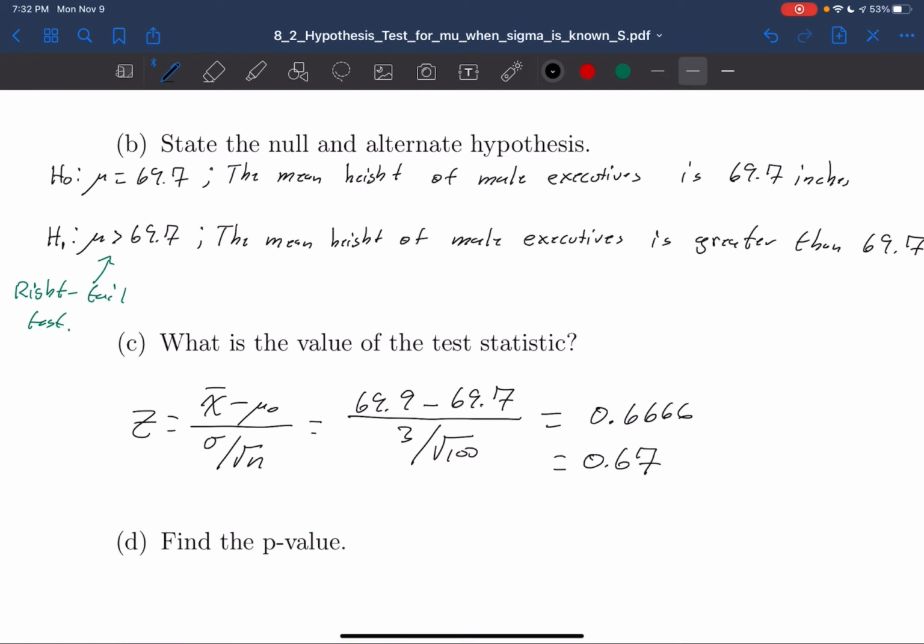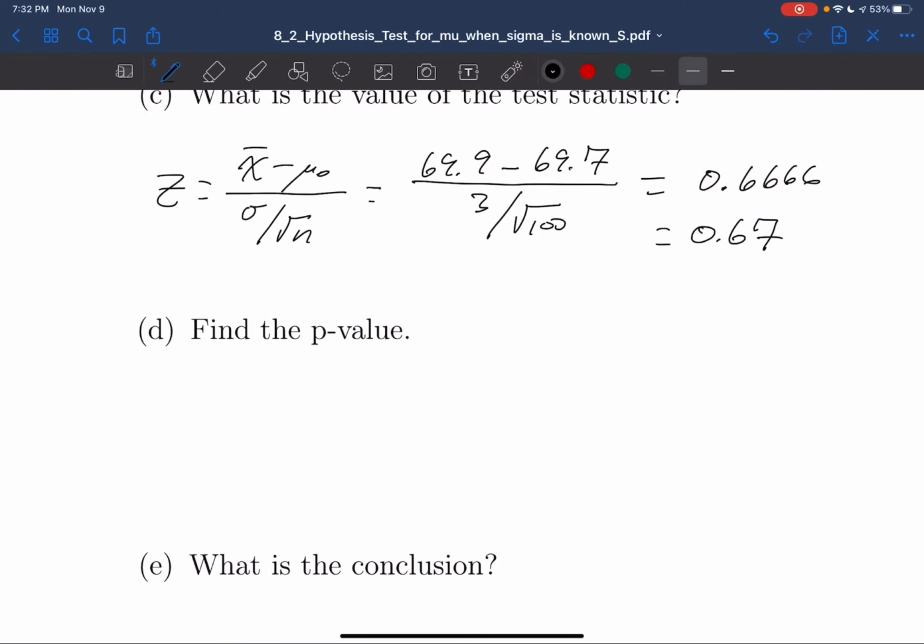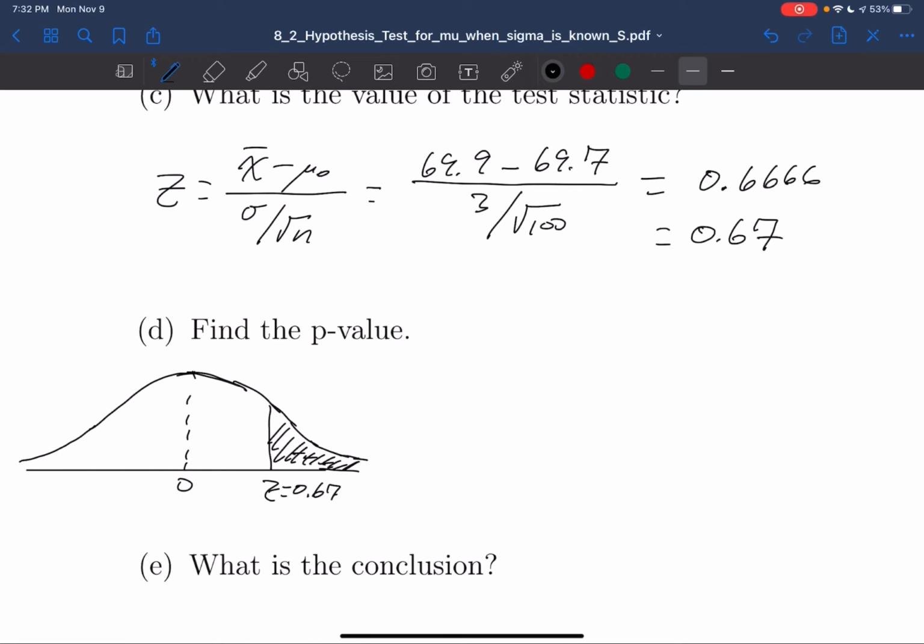Okay, now we want to find the p-value. Since this is a right tail test, we need to find the area to the right of our test statistic. In other words, let me just draw this real fast. We want to find the area to the right of 0.67, and this is our mean, 0.